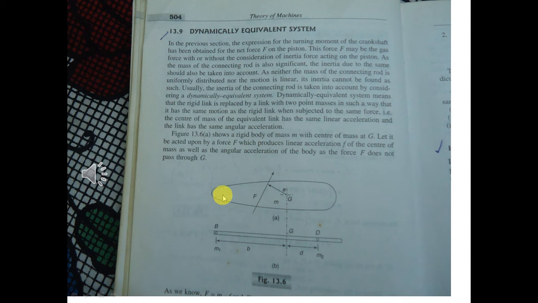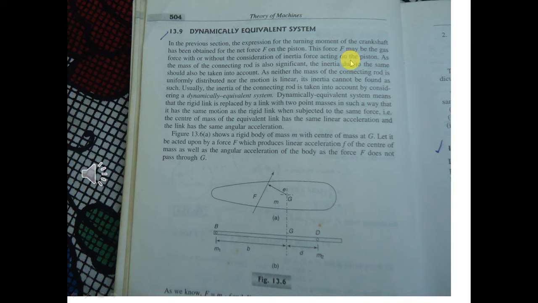You can see the shape represents almost the shape of a connecting rod. So why should we go for a dynamically equivalent system? In the previous section, the expression for the turning moment of the crankshaft has been obtained for the net force F on the piston. This force F may be the gas force with or without the consideration of inertia force acting on the piston.